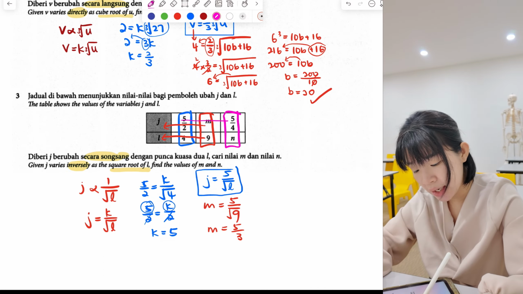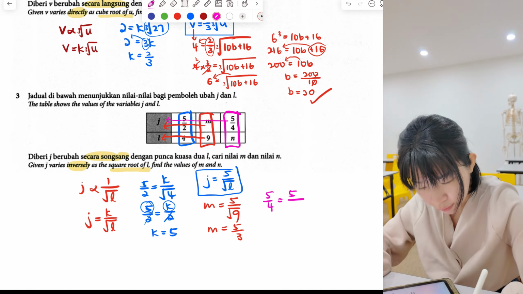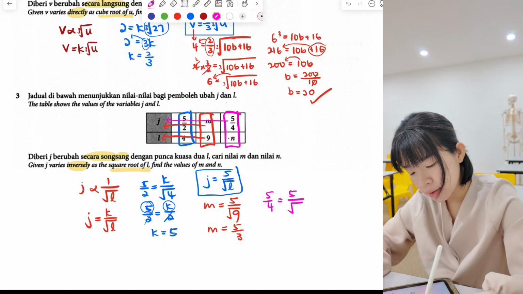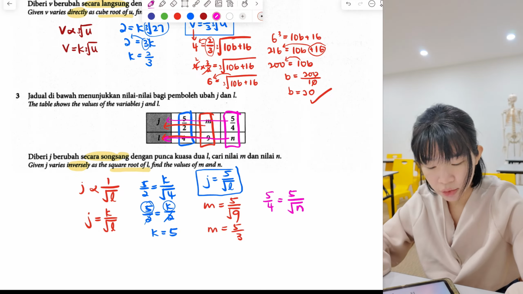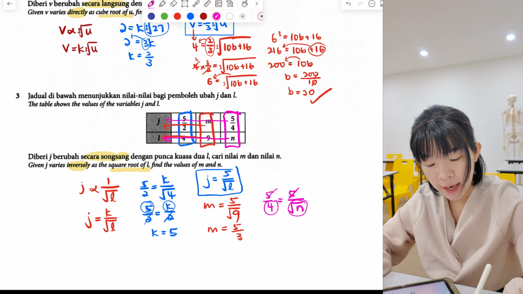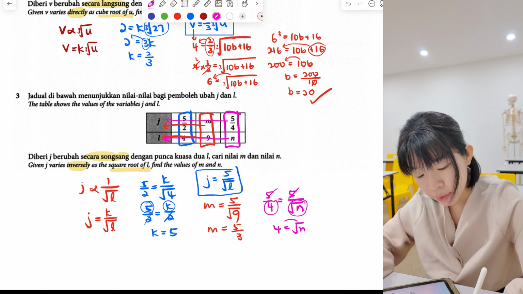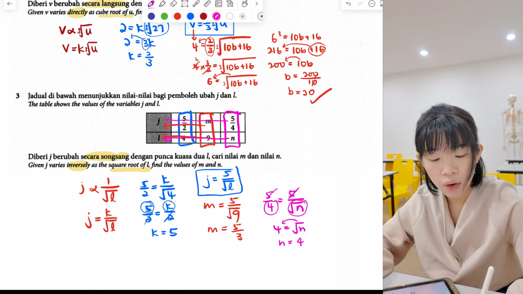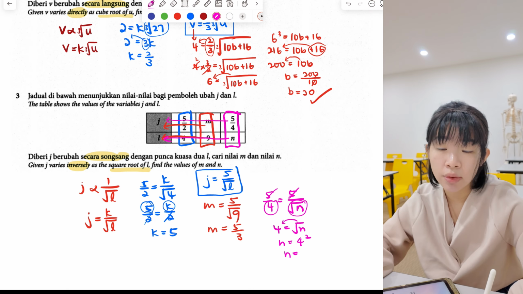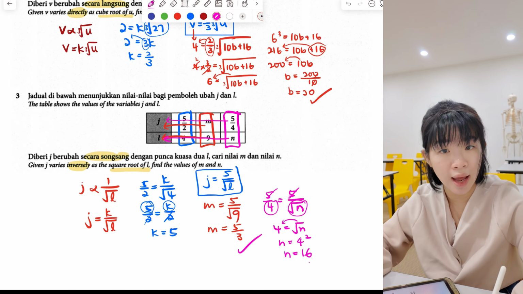The J is 5 over 4. 5 over 4 equals 5 over square root, and L is N now. So this 5 you can just ignore. 4 equals square root N. Then N is how much? We move the square root over, N equals 4 squared. So N equals 16. Done. We got M, we got N.